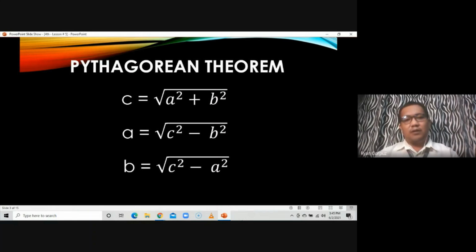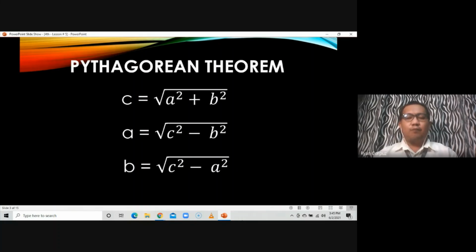So, in other words, it is just like we are going to find out for the third side of a right triangle. So Pythagorean theorem, where C stands for the hypotenuse. So if we want to find out for the hypotenuse using Pythagorean theorem, we can make use of the formula C is equal to the square root of A squared plus B squared.